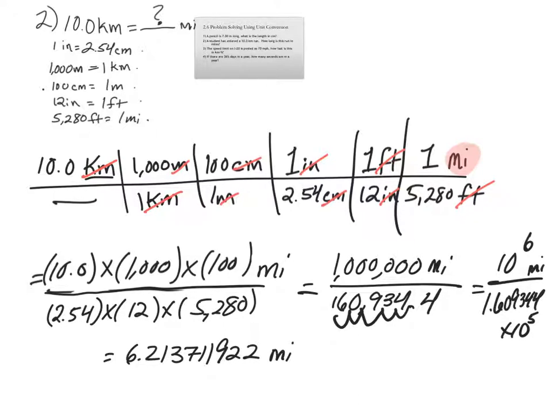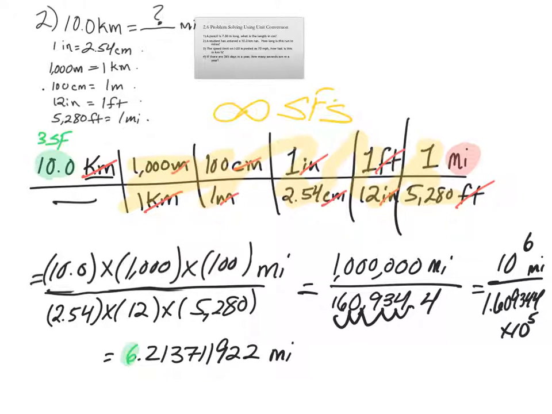In this number, we have 3 significant figures. For all the rest of them, because they're all conversion factors, we have infinitely many significant figures. So your answer is going to be to 3 significant figures.